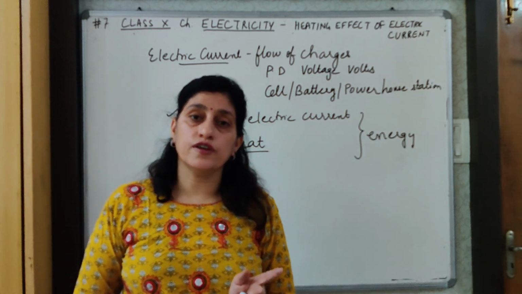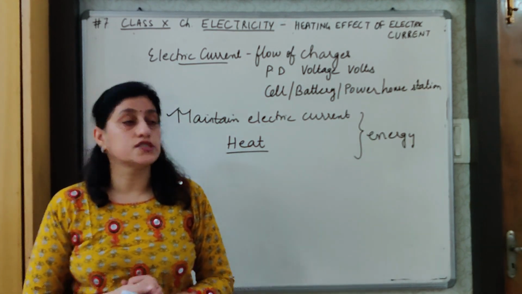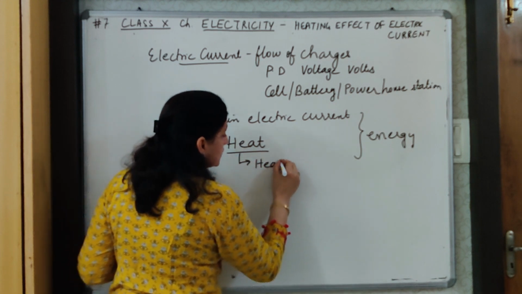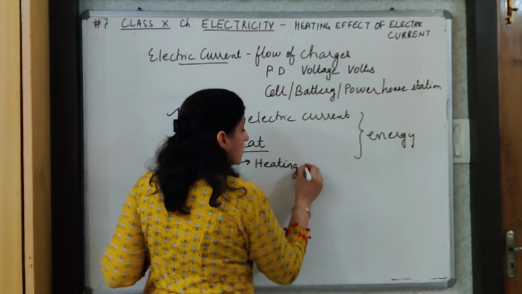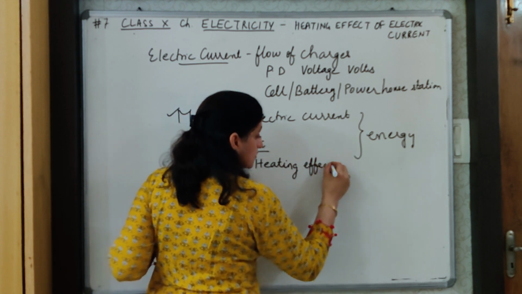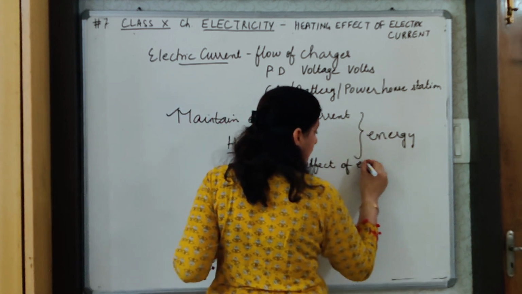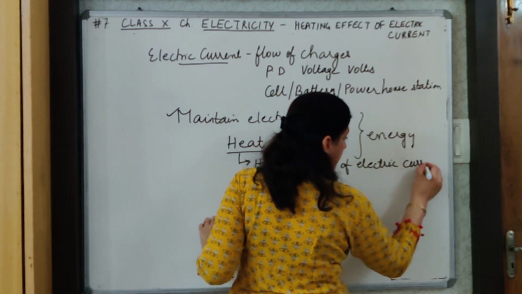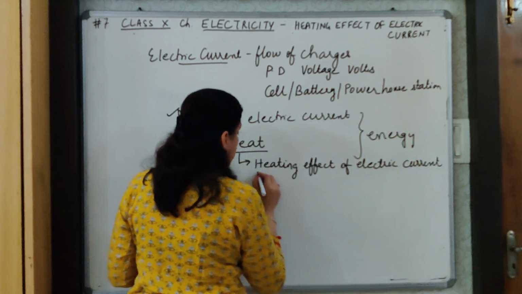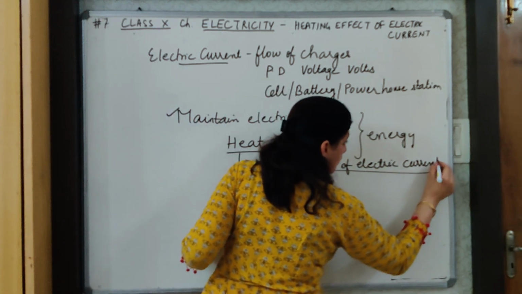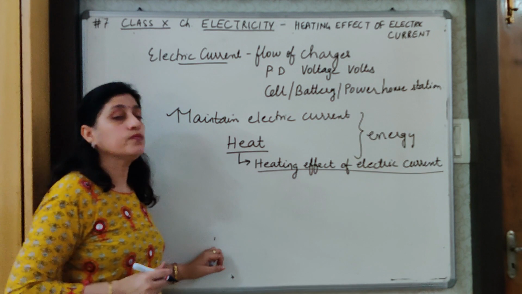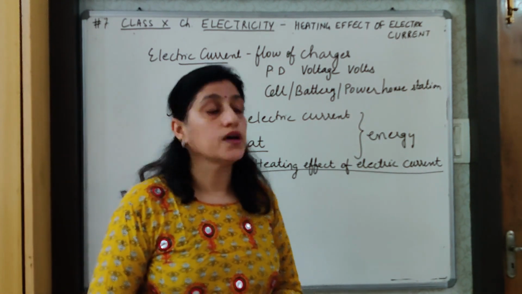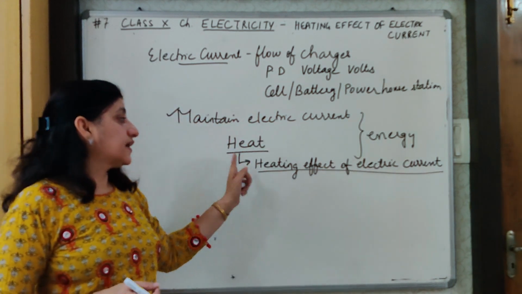This production of heat during the supply of energy is referred to as a phenomenon called the heating effect of electric current. So here we are introduced to the phenomenon of the heating effect of electric current, which is produced due to the supply of electrical energy, which produces current and heat.